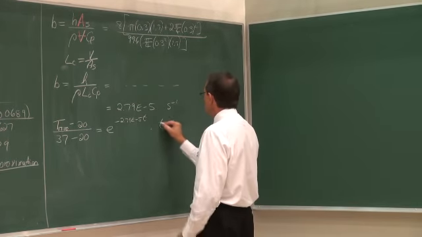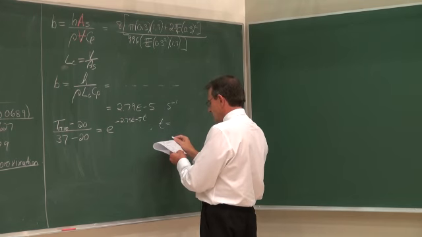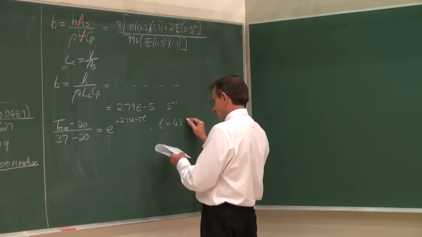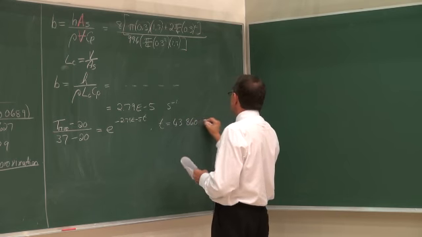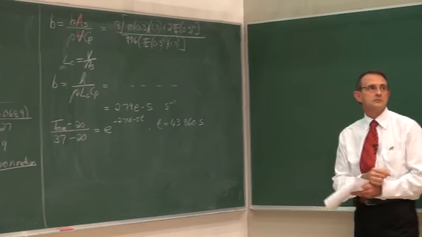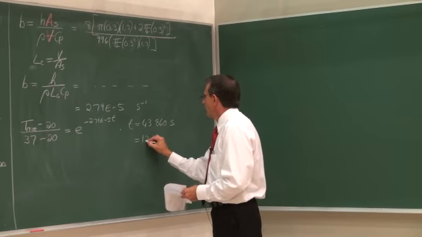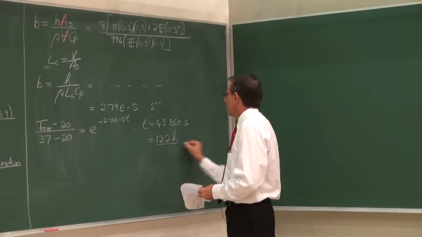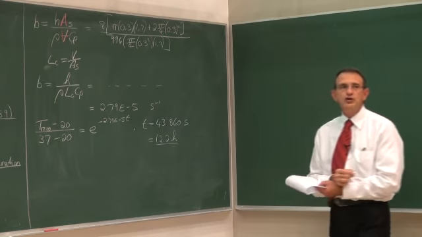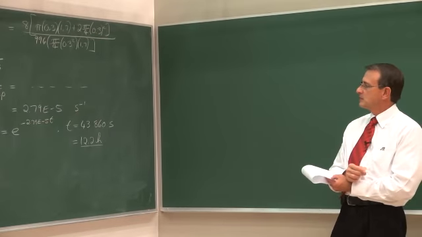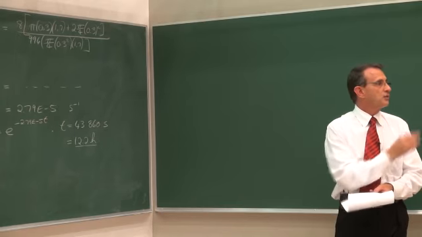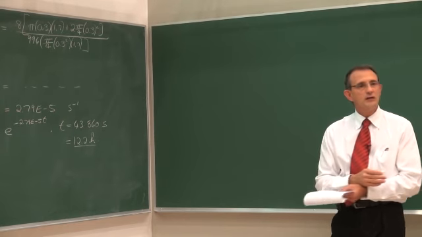from which we can solve that the time is equal to 43,860 seconds. And that gives us 12.2 hours. So it took 12.2 hours before the temperature of the body changed from 37 degrees to 25.